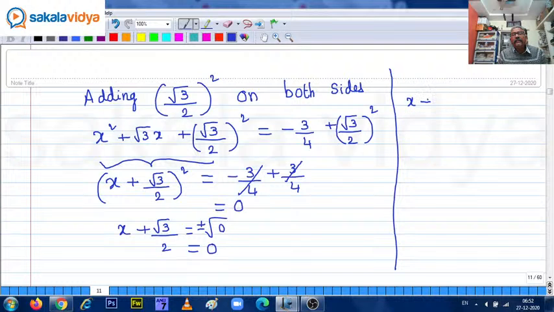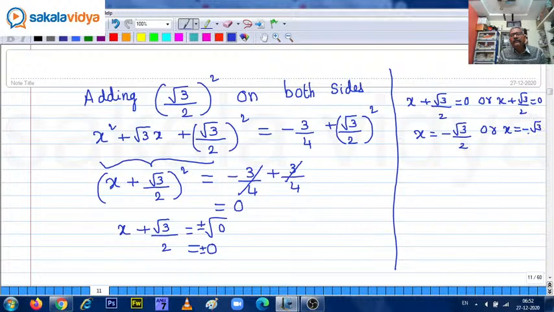So x plus root 3 by 2 equals to plus or minus 0, which means plus 0 is also 0, or x plus root 3 by 2 equals to 0. So x equals to negative root 3 by 2 or x is equal to negative root 3 by 2.